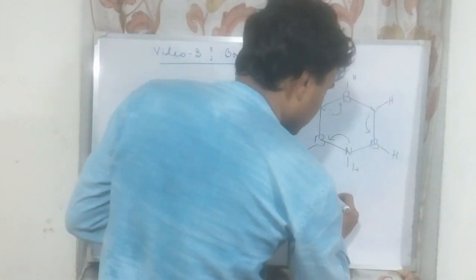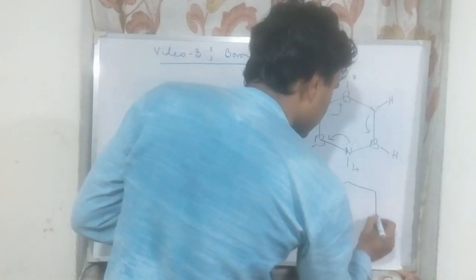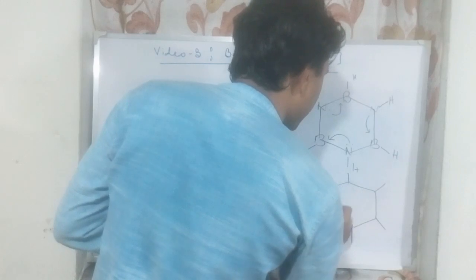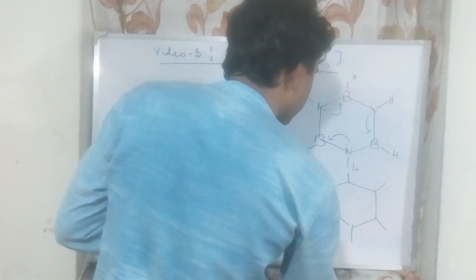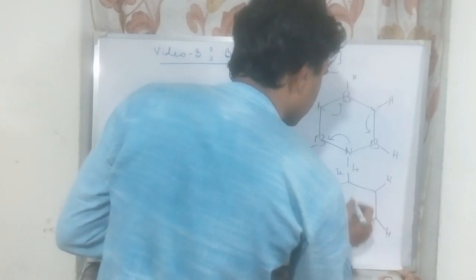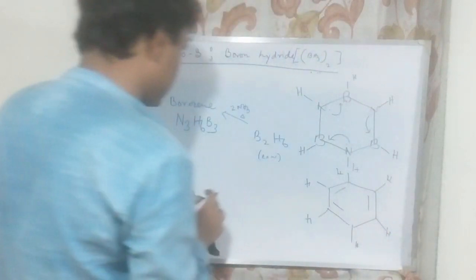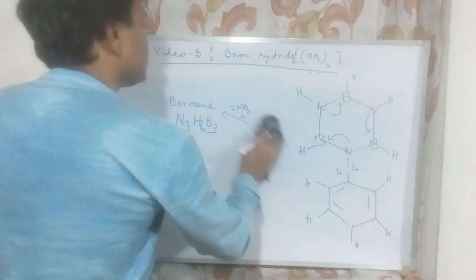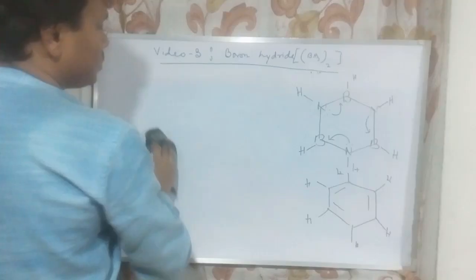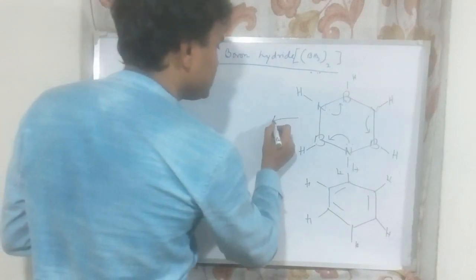the material will be stabilized and its structure will look like benzene. Actually, if we draw the structure of benzene, it looks like all carbon atoms are attached with hydrogen and they have 3 double bonds. And you can see after this electron donation, this material will also look like benzene.